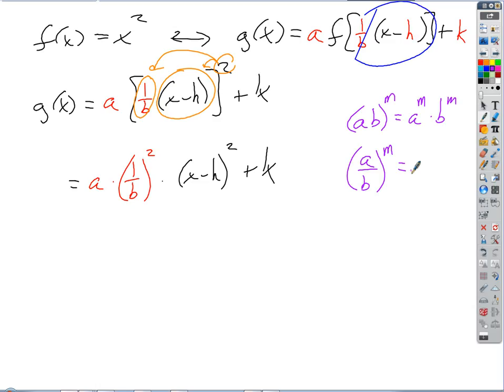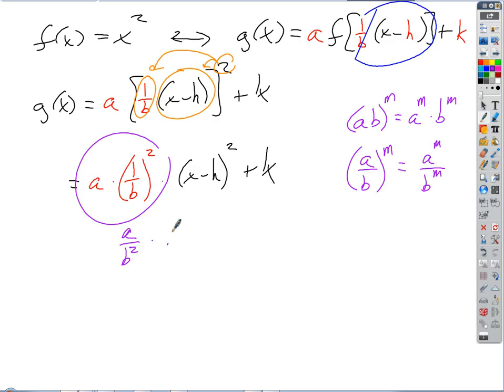Mark, what do you think? a to the m over b to the m? Yeah, it works. Okay. So then 1 over b squared is the same as 1 squared over b squared, which is just 1 over b squared, right? So all this stuff out here, I could just write as a over b squared, right?